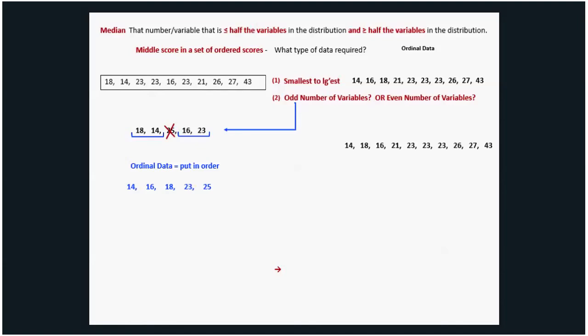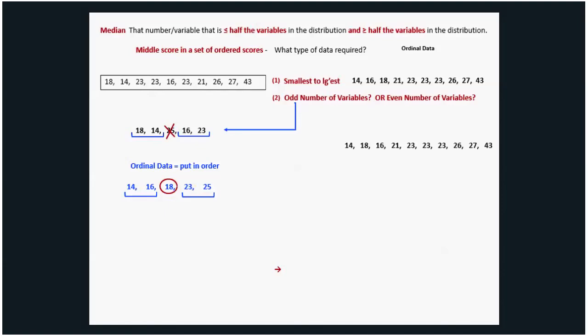So what we do is put it in order from the smallest to the largest, and when we do this, 18 becomes our median. So the board will ask you a question, maybe to identify which of the following in the distribution is the median. And they're probably not going to give you something as long as this, because they're not testing you on your ability to add and divide. But they could give you something like this, all right?